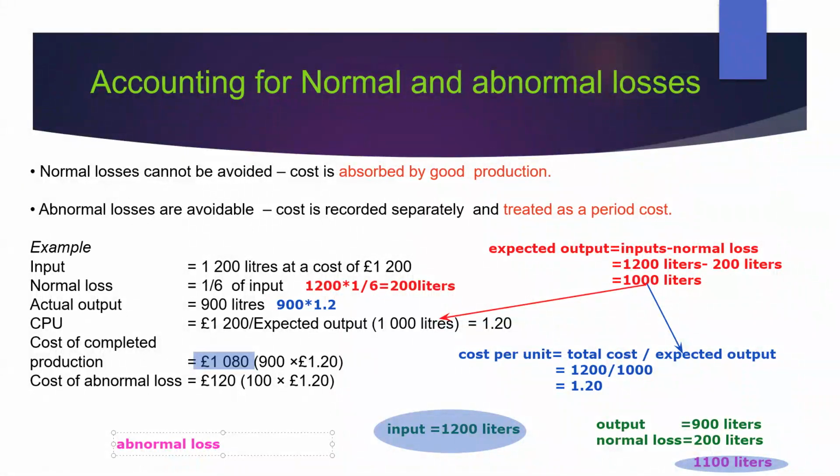So the abnormal loss can be calculated like this as well. From the total input, we have to reduce the output plus the normal loss.